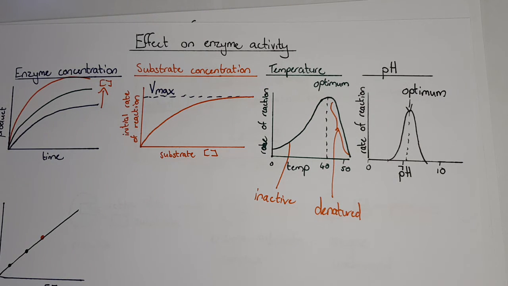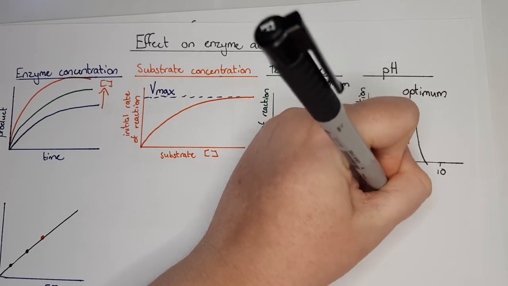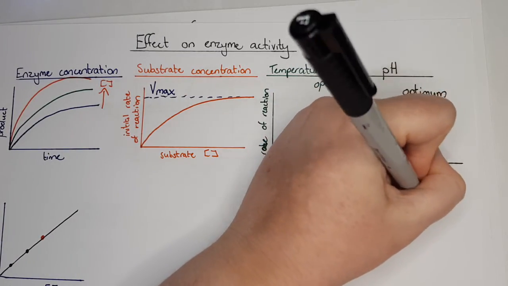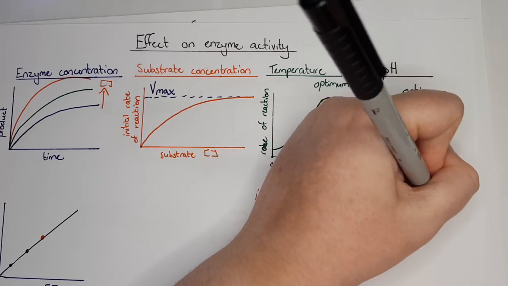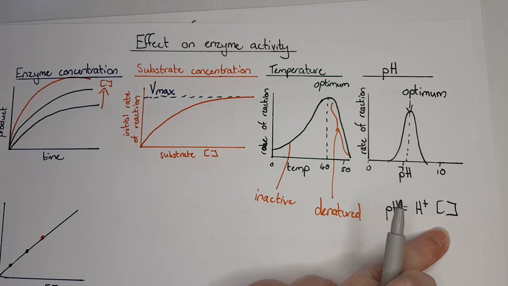But now what pH is, is because of hydrogen ions. So any pH that we have in there is because of the H+ ion concentration. Okay, whenever we see square brackets, it's an abbreviation for concentration.